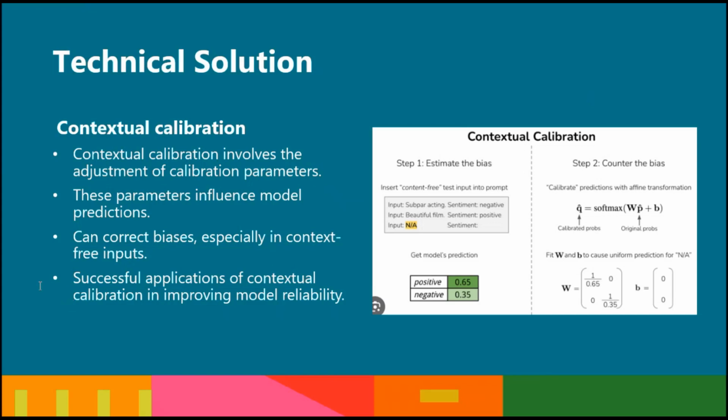But how do we calculate W and b? It might look a bit strange, but it's a very simple solution. It's about taking the inverse of the original probability. It's like, hey, just flip these numbers around to make things even. So you just take the inverse of this equation, and then you will get a balanced equation.